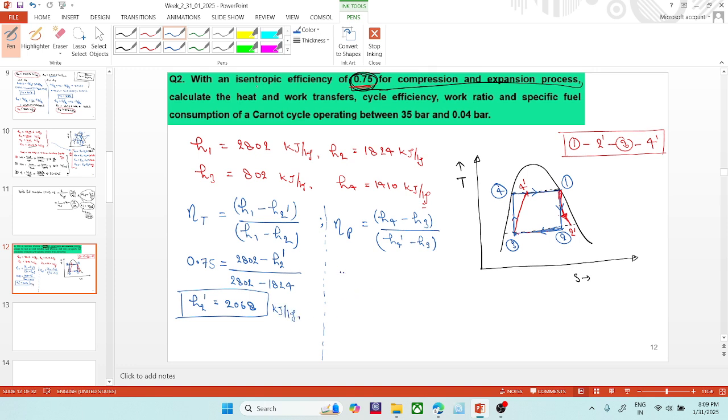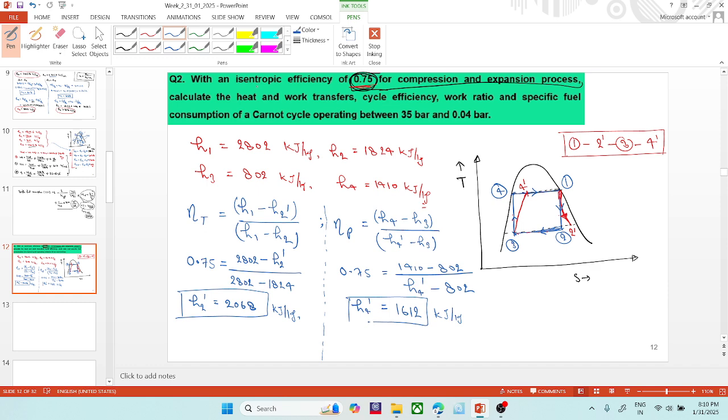kilojoule per kg. And from here 0.75 is equal to H4 is 1410 minus H3 is 802, divided by H4 dash, which we have to determine, minus 802. So from here H4 dash would be around 1612 kilojoule per kg.